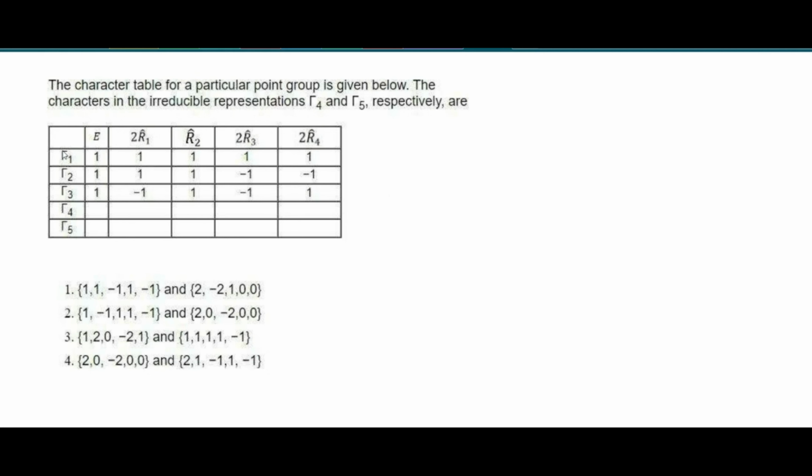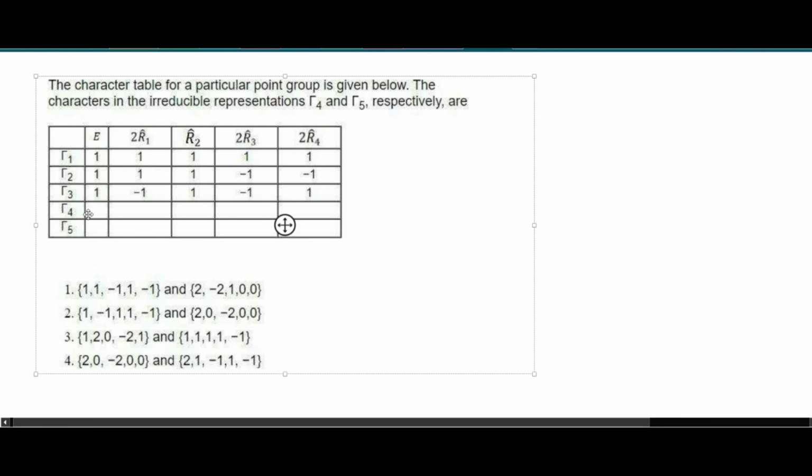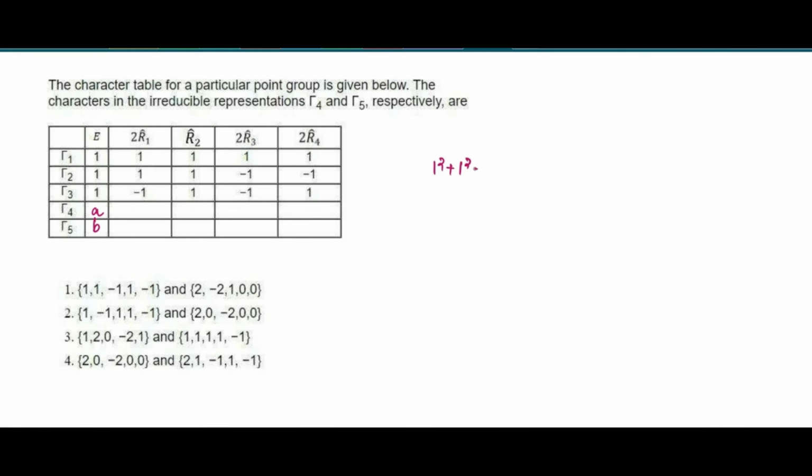When you add the squares of the dimensions, you should get the order. Let's say I put A here, I put B here. I should get 1 square plus 1 square plus 1 square plus A square plus B square equal to 8.